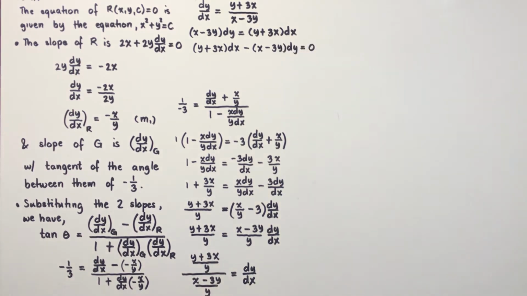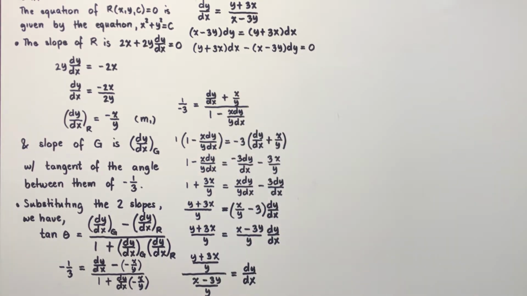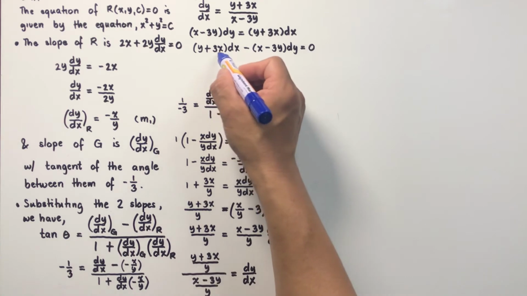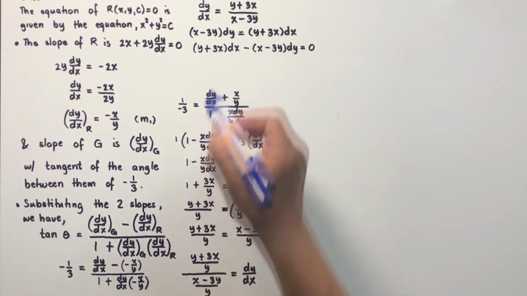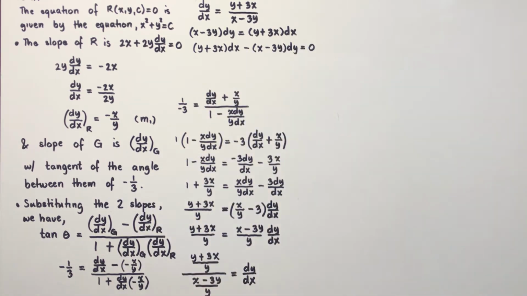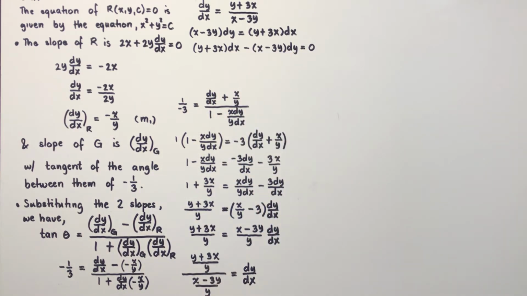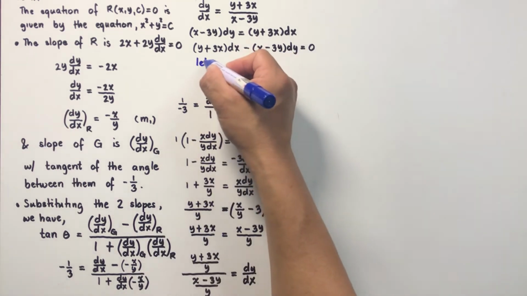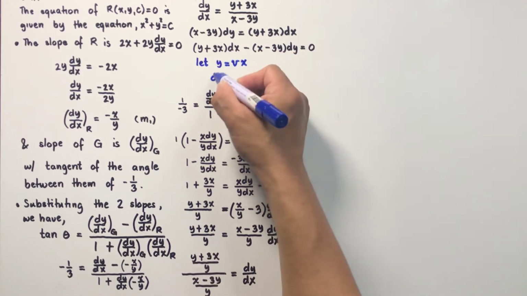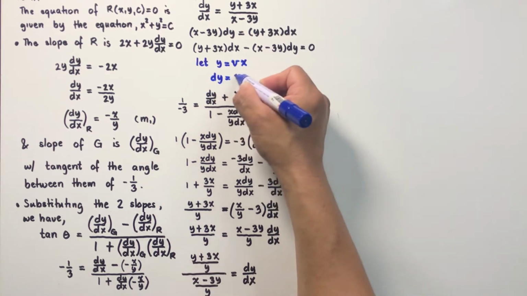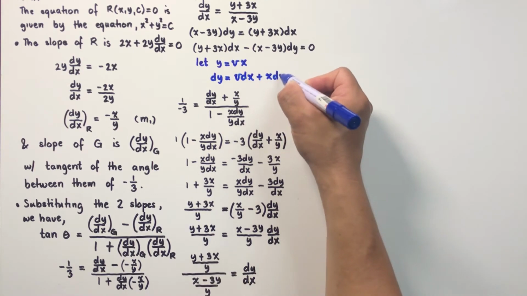And you notice that this is not a separable differential equation because we have a sum of y and 3x here and the difference of x and 3y. But this is a homogeneous differential equation because the exponent of each term are equal. So we'll represent our y as vx. So our differential of y is v dx plus x dv.